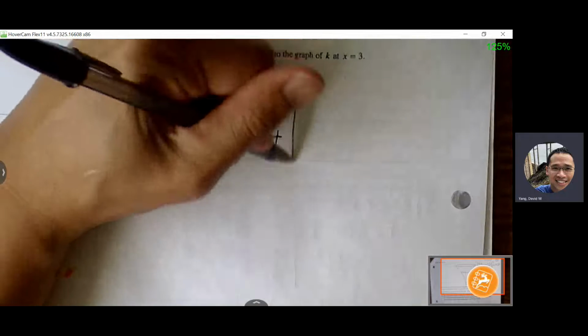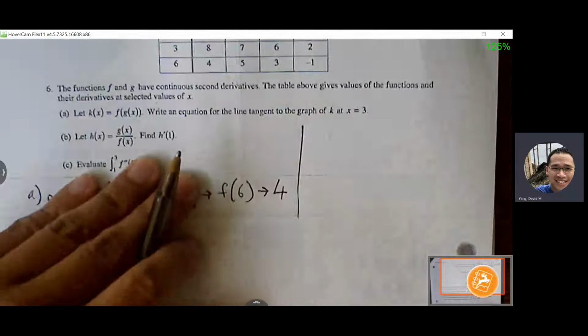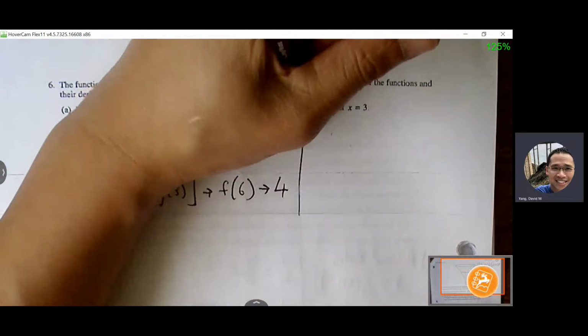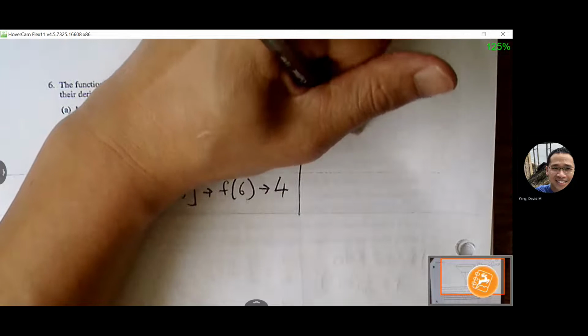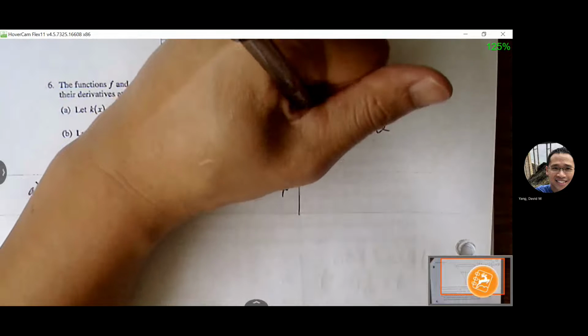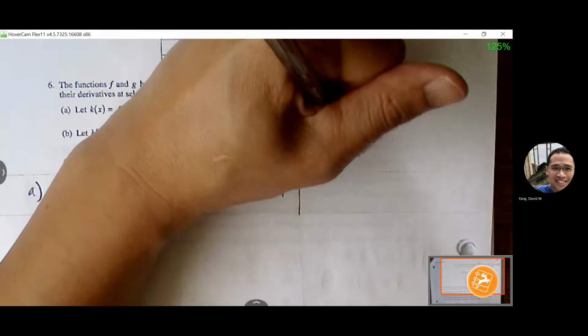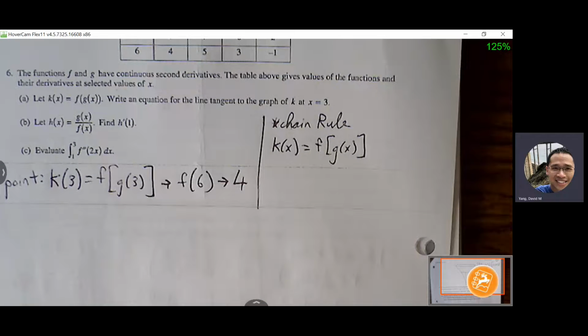Next up, I need to find my slope. To find the slope, I first have to get to the derivative. To get to the derivative, there's chain rule here. So we do outside derivative times inside derivative.